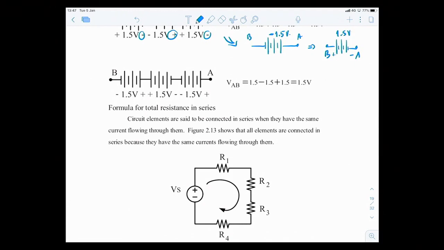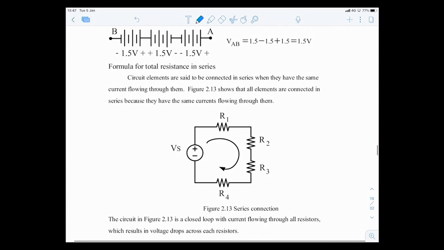Now, what about total resistance? As sources, I can combine them together. What about resistors? If I have resistors connected in series, what would happen? Look at this loop. We have a loop, so we have KVL.